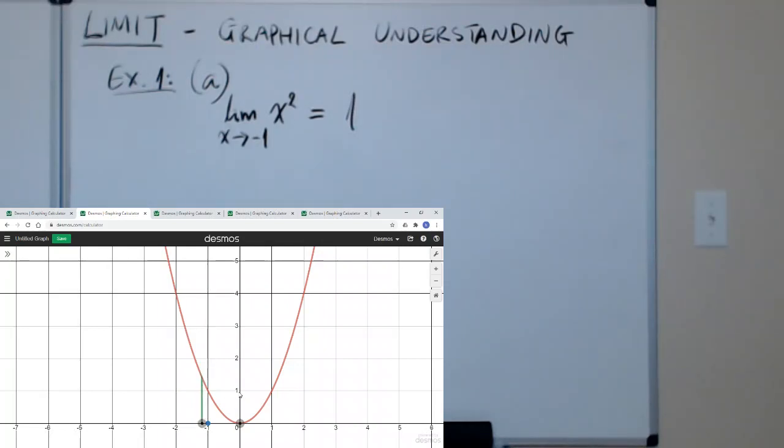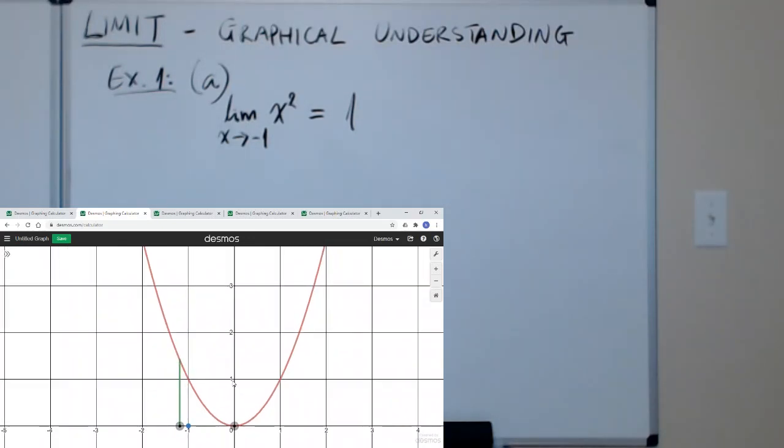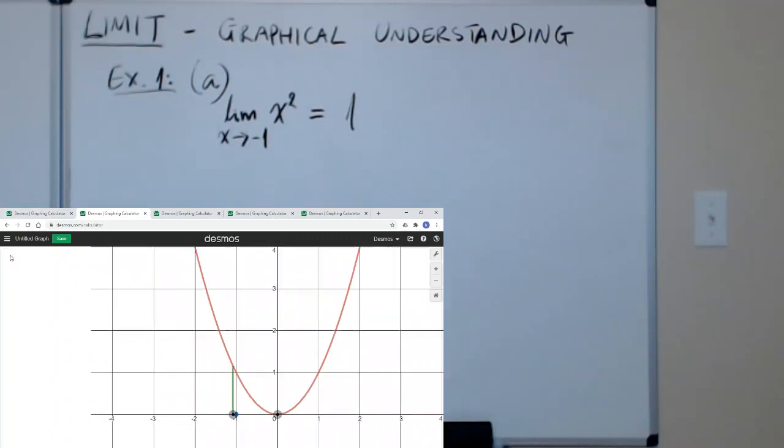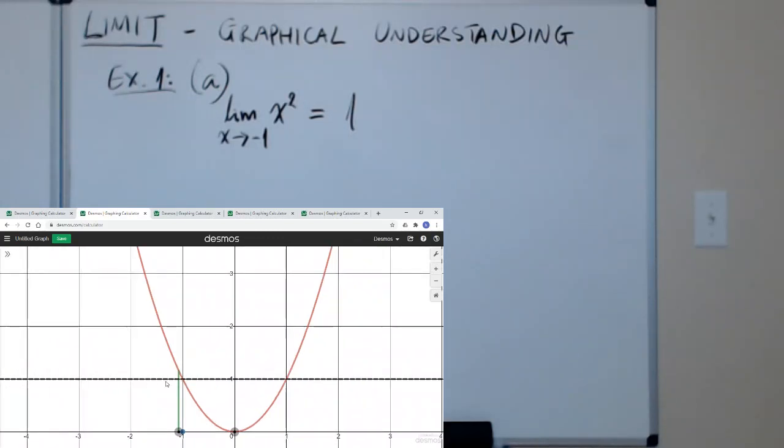And by the way, let me zoom in a little better so that we have a closer view. As I'm getting closer on the x-axis to -1 from the left-hand side, it seems like my green line is making its attempt to get close to a certain vertical height, which I now made visible here.